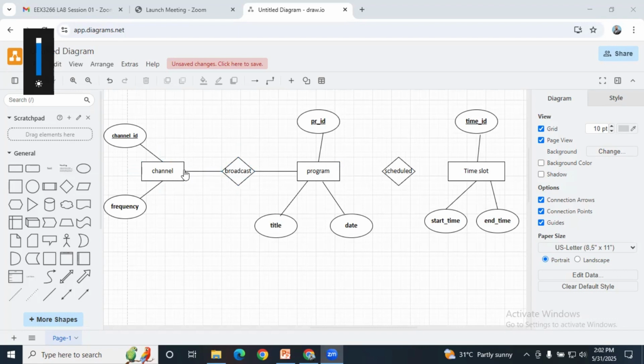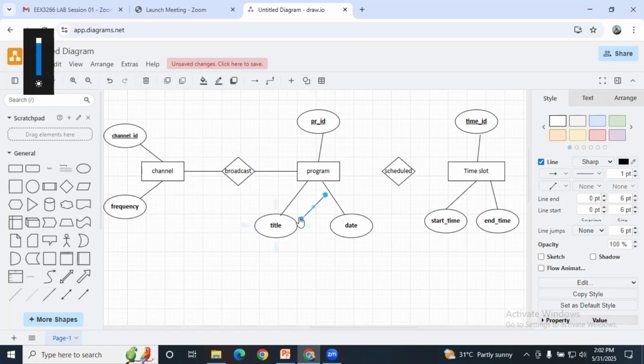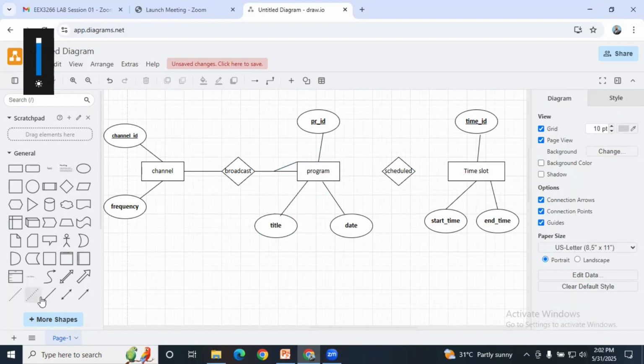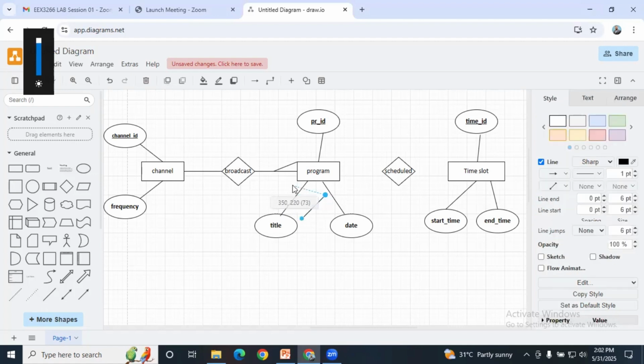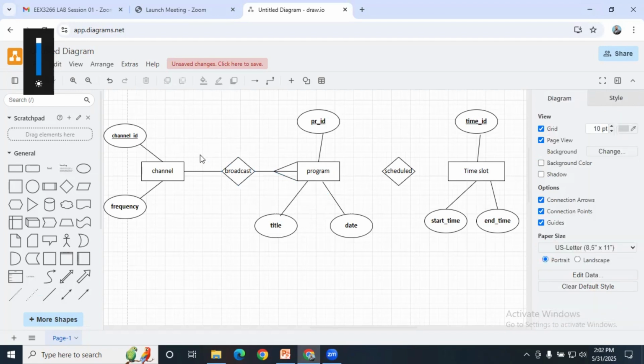They are saying only one single channel, so it is represented with one connection line here, and you want to create many relationship lines in here. So you can get some more lines in here and represent it like this. Another thing is you can assign 1 to m here. Okay.